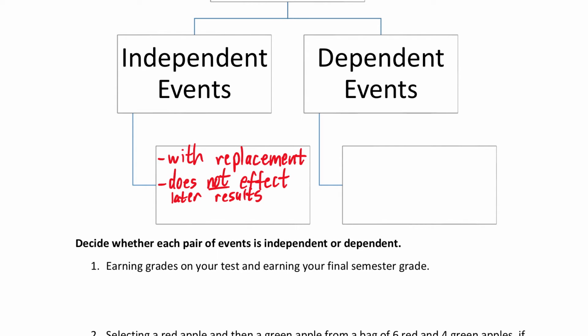And then the last thing is that the total stays the same.